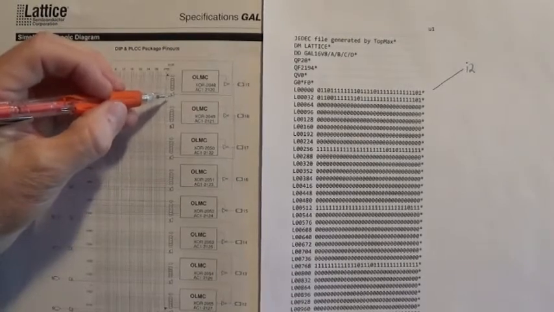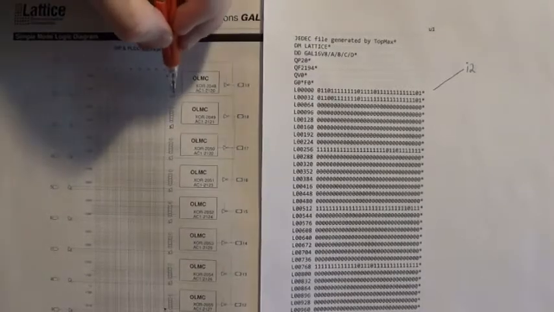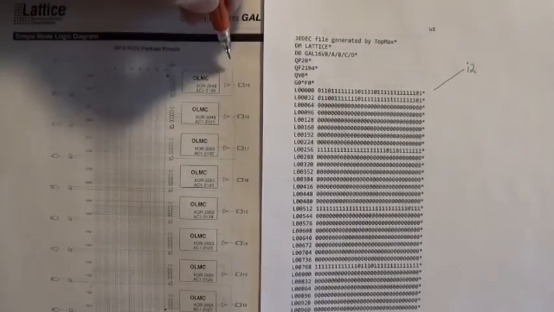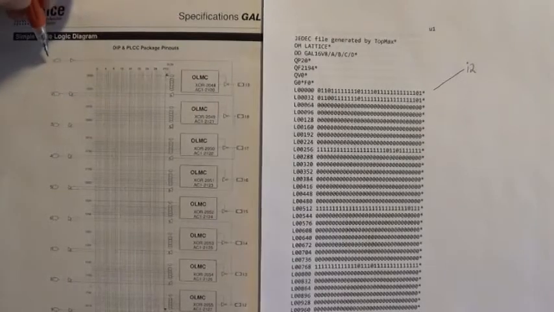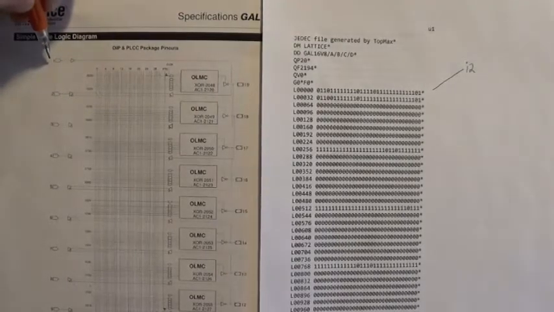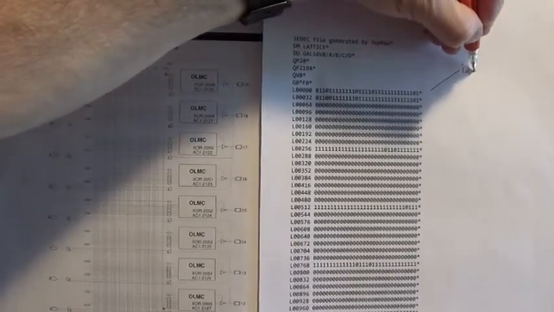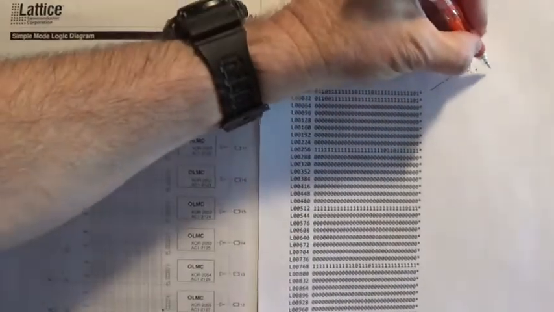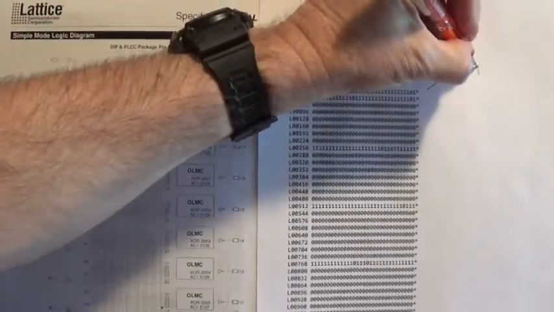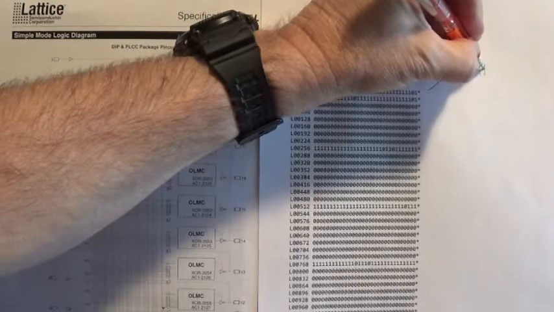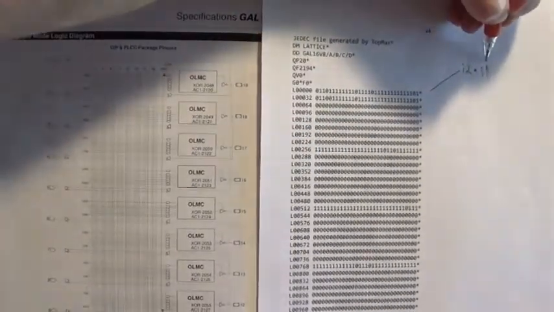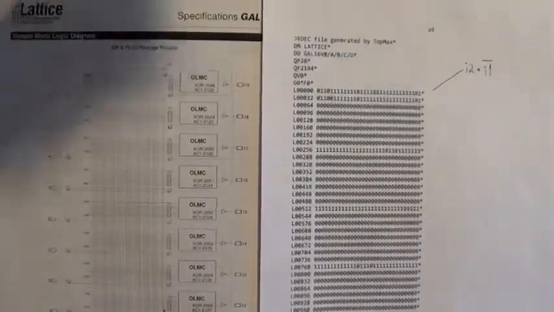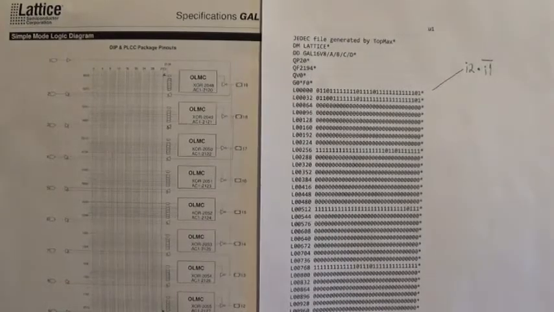We hit a bubble on that buffer. Let's follow that input of the buffer all the way around here to pin 1. Okay, so this is an AND. Let's put the AND symbol right there. A dot is the AND symbol. That's pin 1, in 1. Put a bar over it indicating that it needs to be active low.